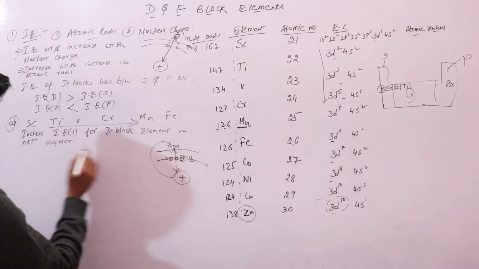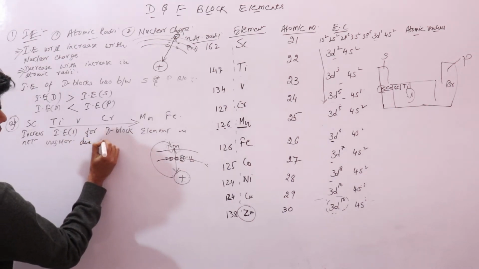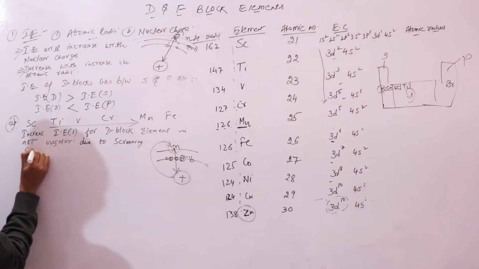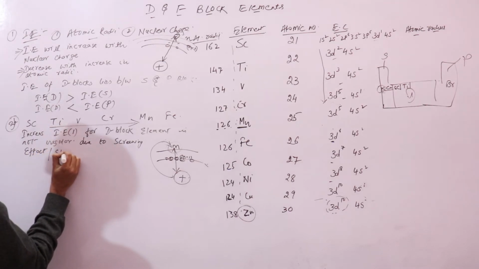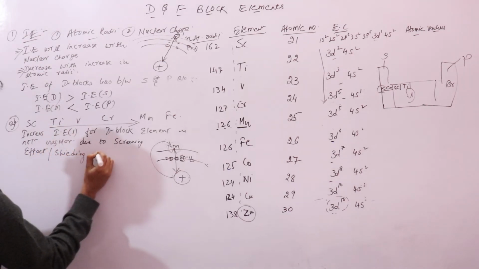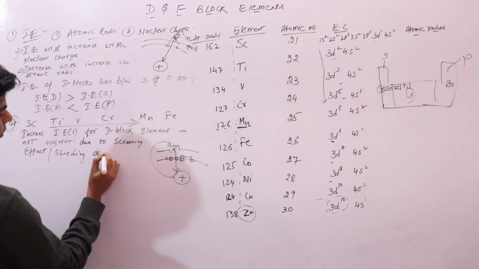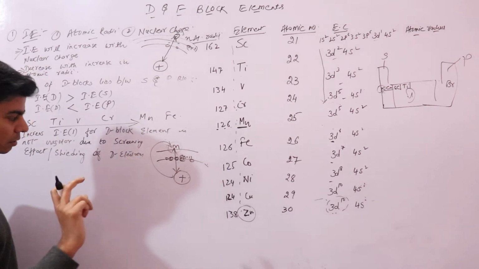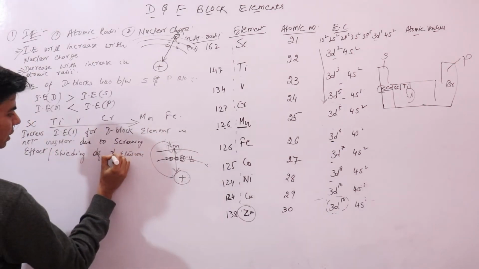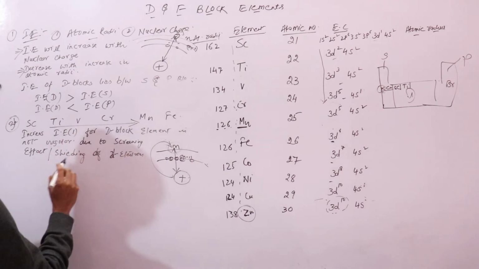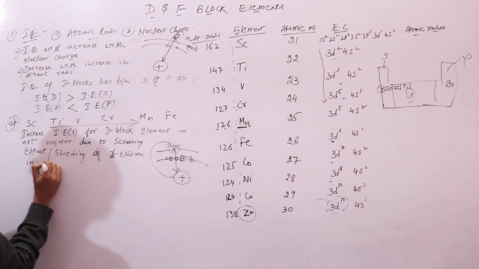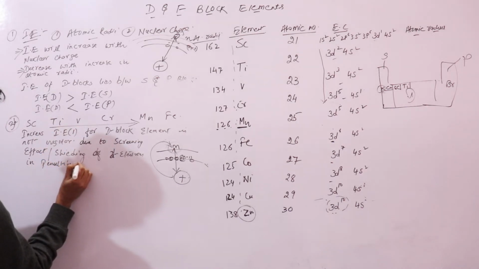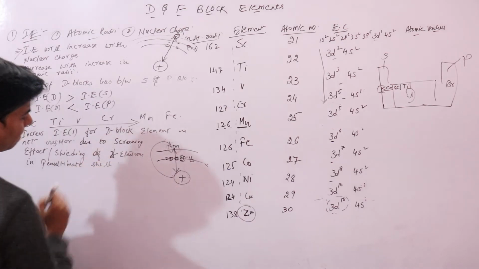So this is not very regular due to the screening or shielding effect of d electrons in the penultimate shell.